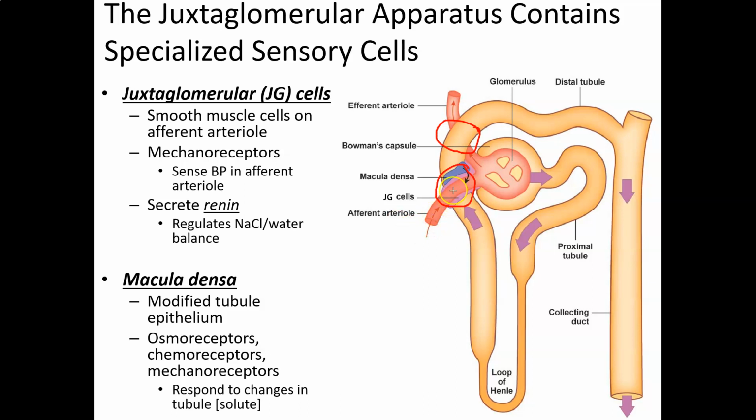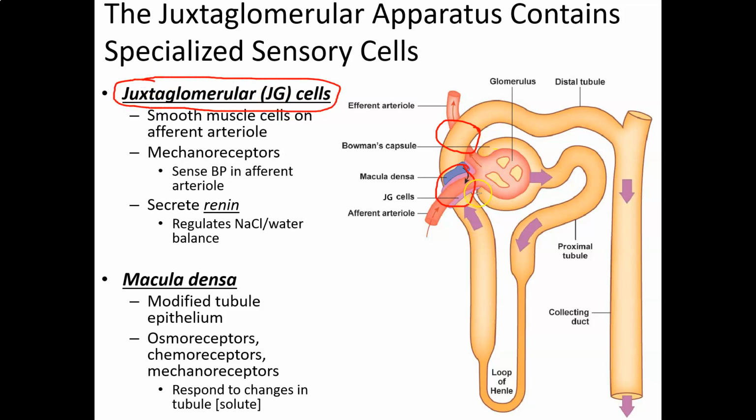The areas in this JGA are specialized for a number of reasons, and there's two areas that we're going to look at and spend a little bit of time on. So the first area is called the juxtaglomerular cells, or sometimes just known as JG cells. So we'll see them up here, juxtaglomerular cells.